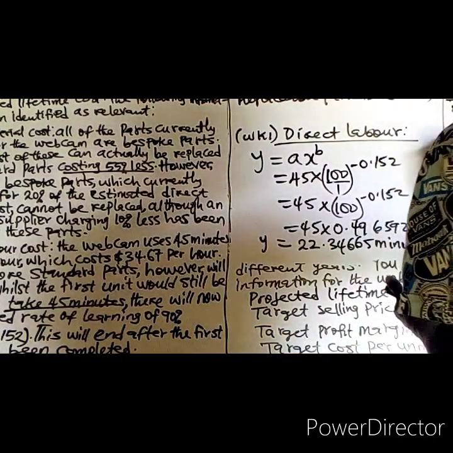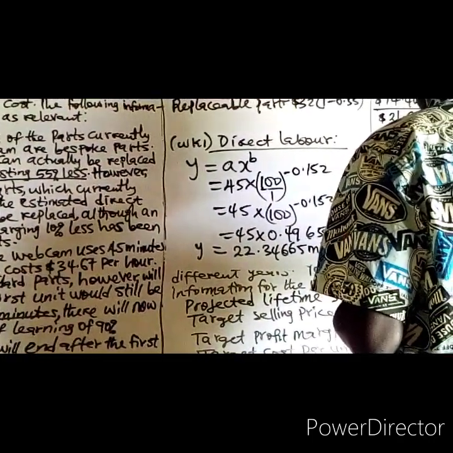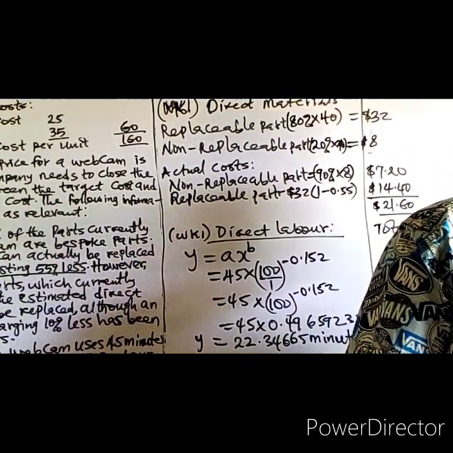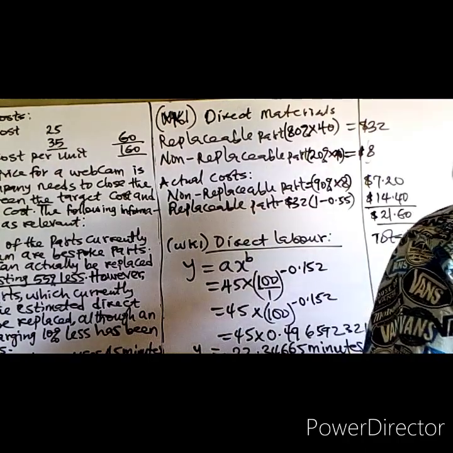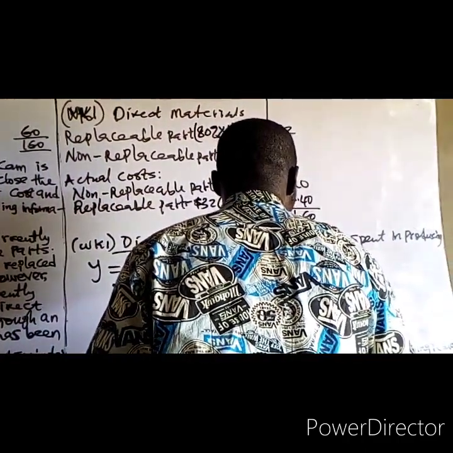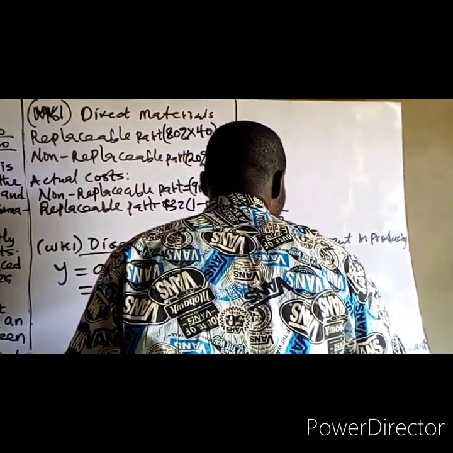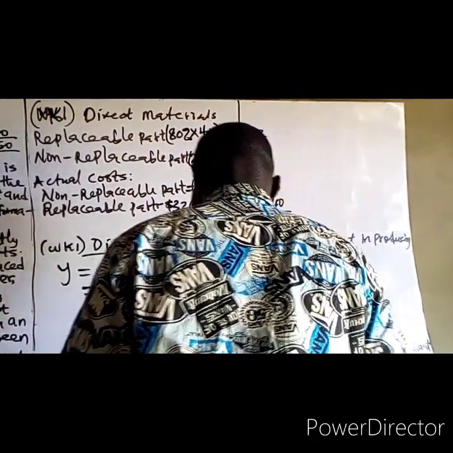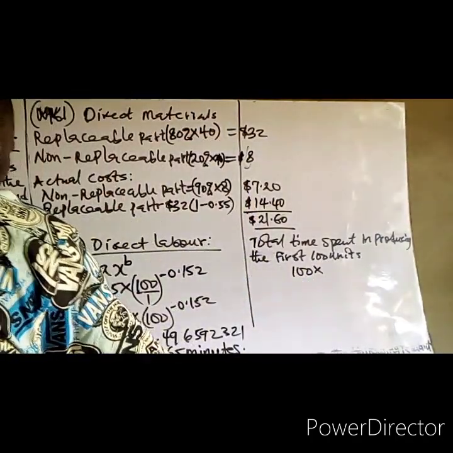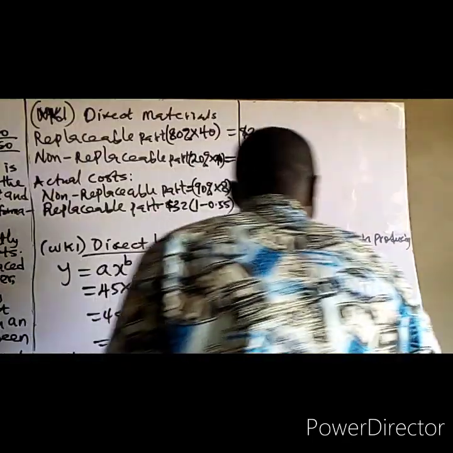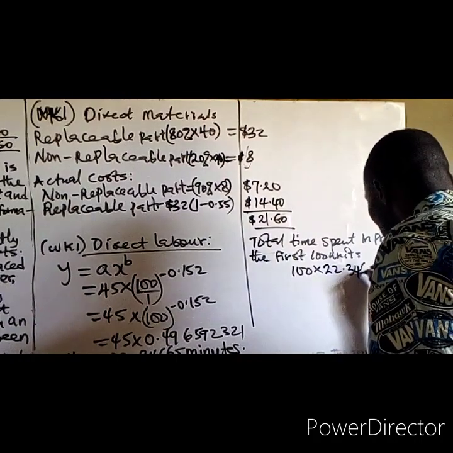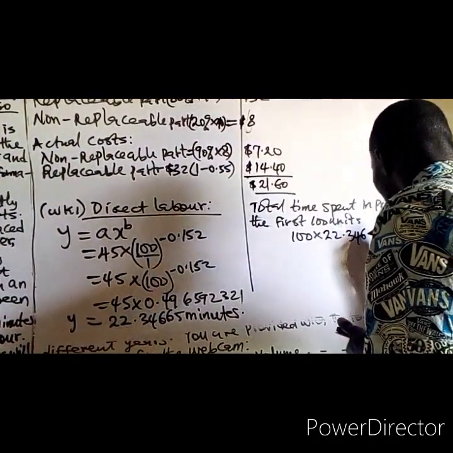The total time spent in producing the first 100 units will be 100 times 22.34665.